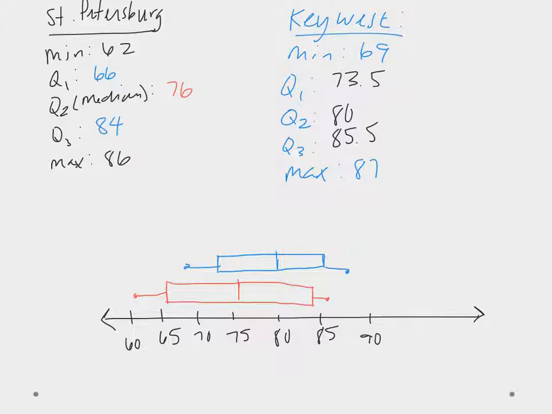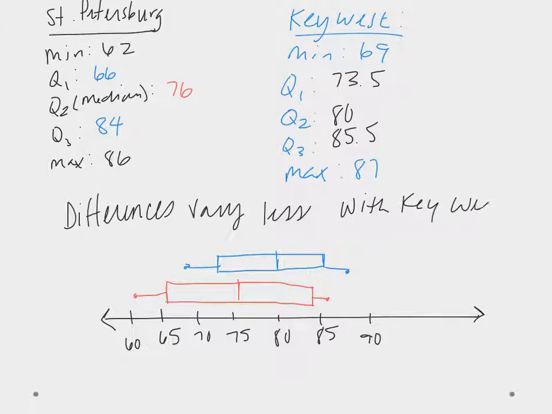The differences vary less with Key West temps than St. Petersburg for two reasons. Looking at just the difference between the max and min overall, you can tell that Key West is a little closer.